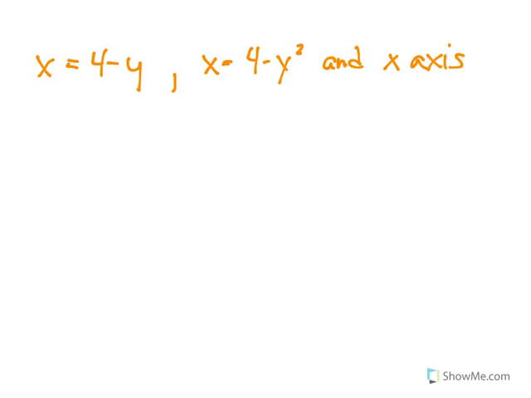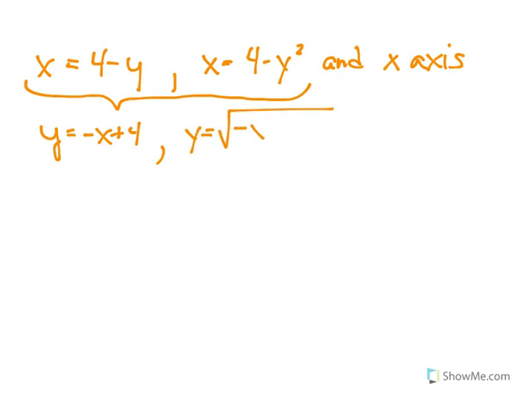And the only difference in these problems is instead of later on in the problem getting y by itself, because you have to graph it, you initially get y by itself, and you end up with y equals negative x plus 4 for the first one, and you get y equals the square root of negative x plus 4 for the second one. And when they go in, the same math is going to come up in the problem as you saw on all the ones before. Key again, find the upper, square it, subtract the lower, square it, every time, every time.